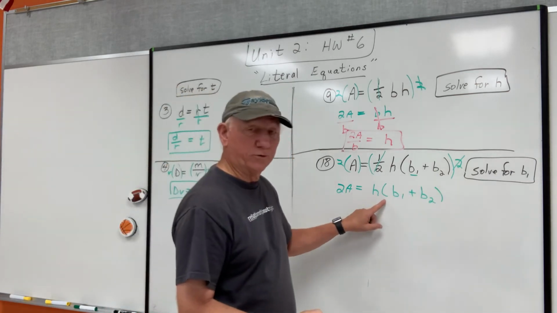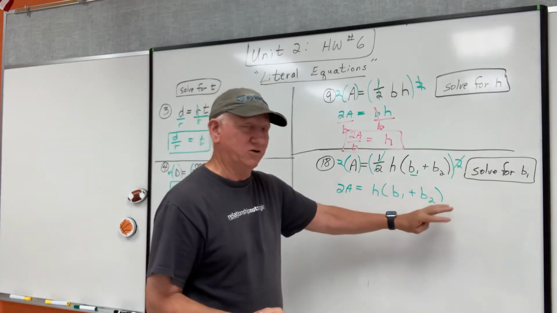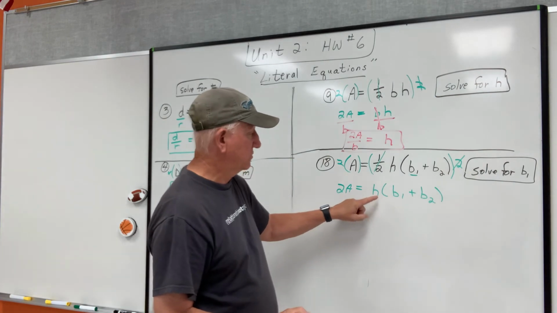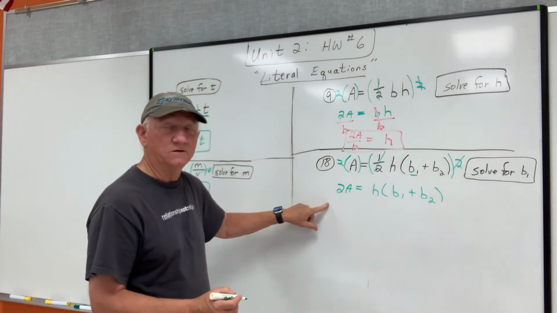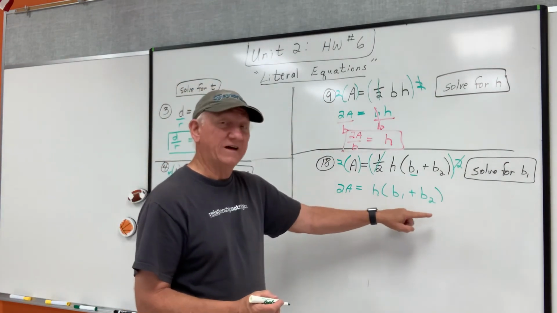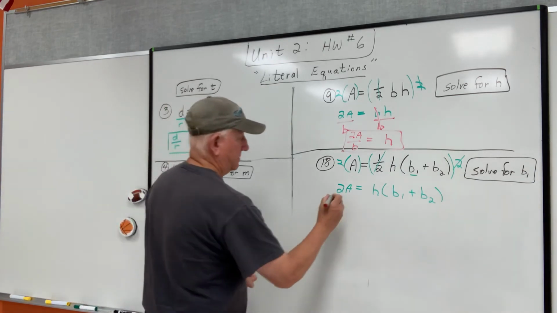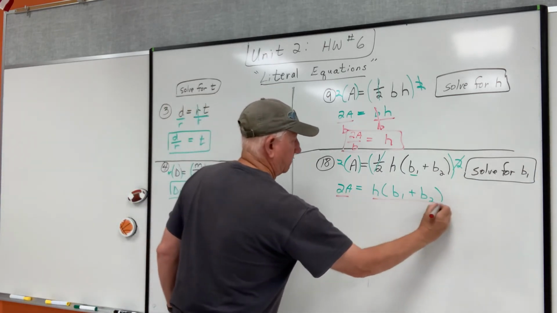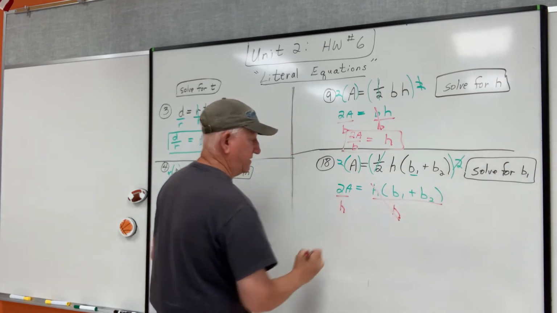Now, usually when you have parentheses, you have to multiply the h times everything, but we don't want the h over here with the b1. So while the h is separate, let's get rid of it and move it over here. So it's multiplication, so we're going to divide both sides by h. And that'll take care of that h there and moves it over here.